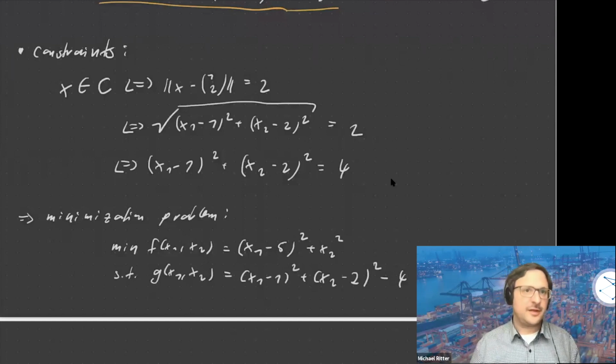The only thing that we need to change here is to make sure the right-hand side is 0. So we're taking the 4 into that function g.